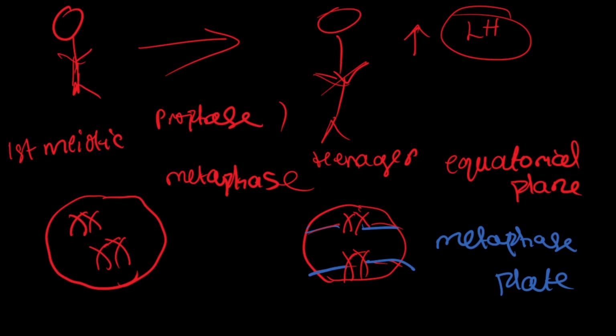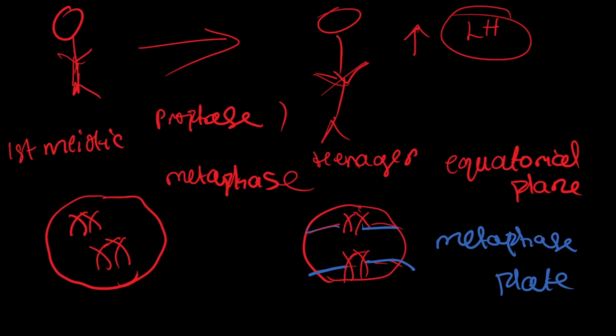Now the baby is born, the female child, and she has all the oocytes that she would need throughout her lifetime. She's born with about 2 million primary oocytes. Some of these primary oocytes regress.